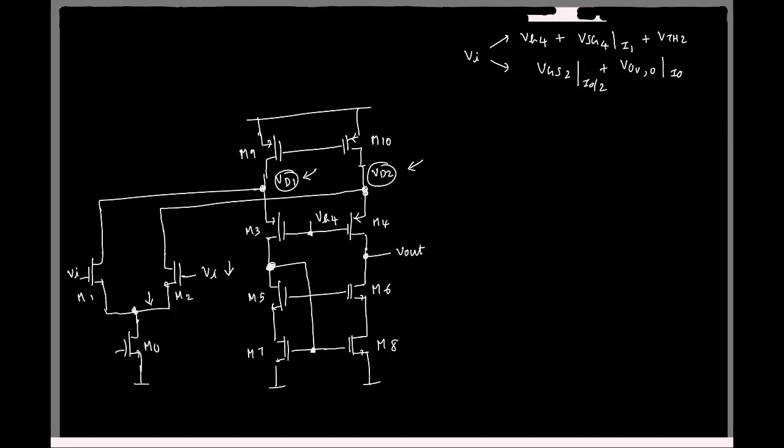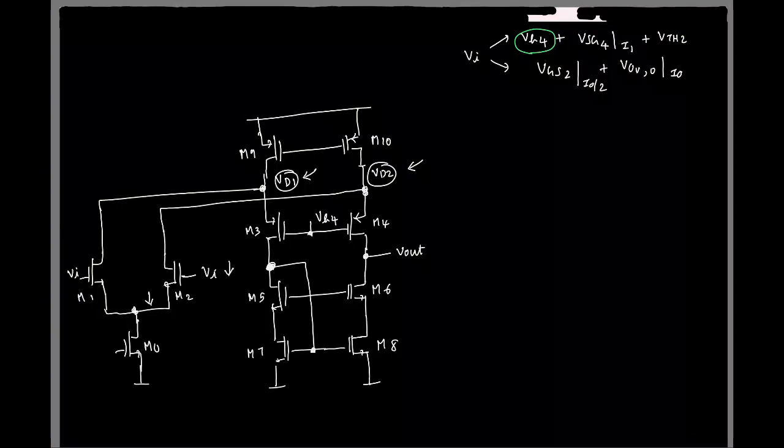Okay, so this is the deal for input, and again VB4 will have its own ranges. We'll come to that in a while. So now let's look at the swings at the output. What is the maximum the output can go?